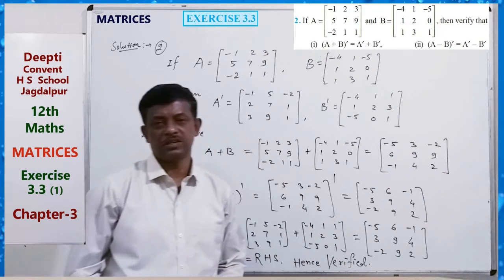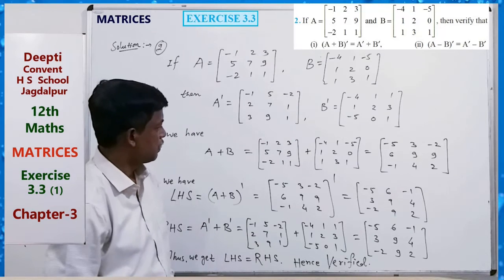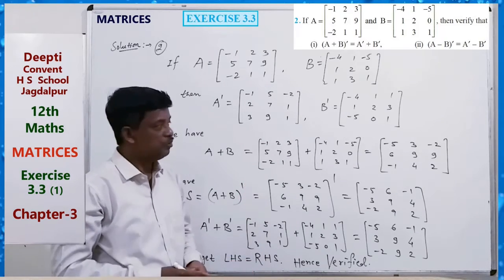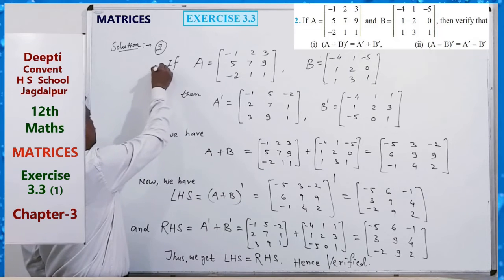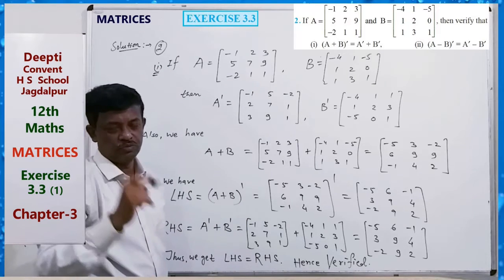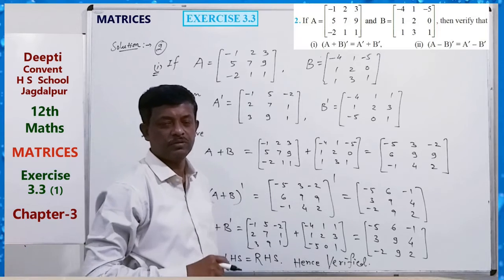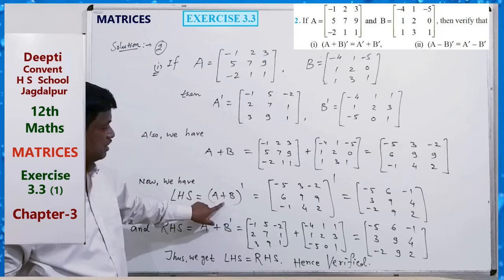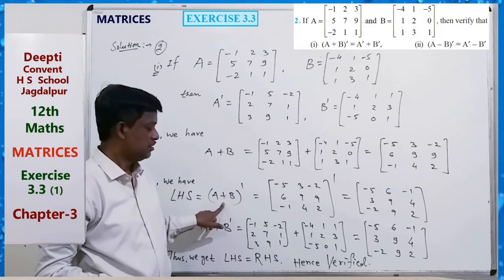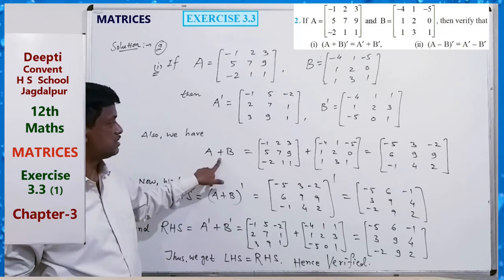(A minus B) dash equals A dash minus B dash. For the proof of the second part, this is the first part. The second part you can prove. What we have to take? Here a minus sign, here a minus sign, then just subtract.